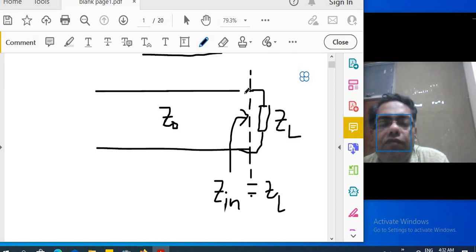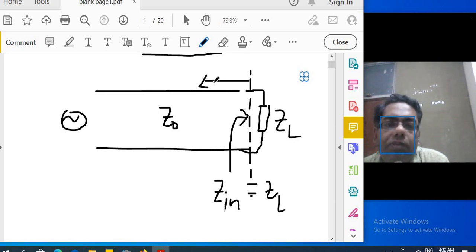And if we go away from the load and towards the generator, because my generator is here, so I am going away from the load plane, I will get some value of input impedance, which will be different.